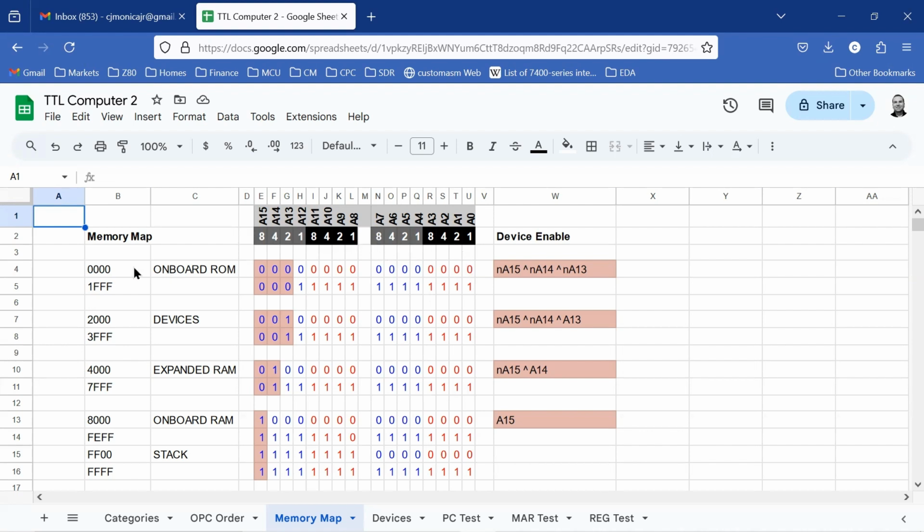So I just want to represent the memory addresses in bit patterns, and I did that for a specific reason. But we can see that we have the bit patterns here, right? 0000 through 1FFF, and so on for each of the memory map areas. Now, the reason I did that is that all of our devices are connected to the same 16-bit address bus, and they're also connected to the same 8-bit data bus.